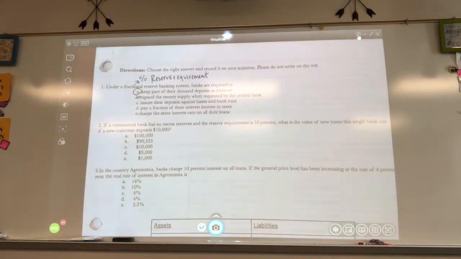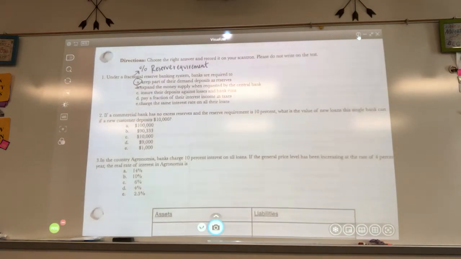Good. Okay. If a commercial bank has no excess reserves and the required reserve requirement is 10%, what is the value of new loans the single bank can issue to a new customer deposit of $10,000? Okay. So I'm trying to figure out what?